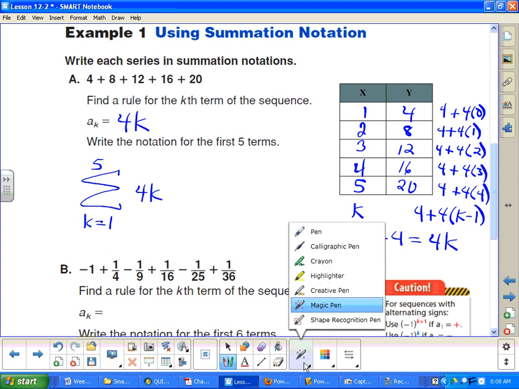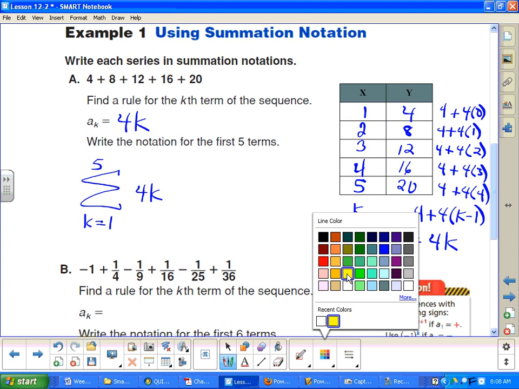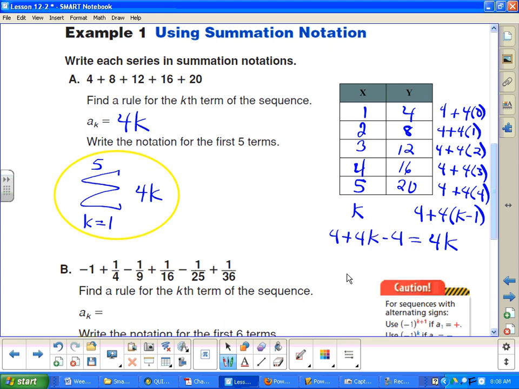So this is similar to what we did yesterday as far as finding an explicit rule. Instead of using n, we're using k. And then you're starting at what number? What number do I end at as far as your term numbers? Term 1 to term 5.